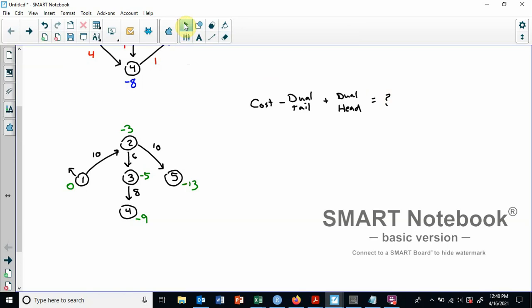And whenever we do this, these are for arcs that are not in the basis. This will give us the reduced cost. Reduced cost. And that will tell us which arc is the most attractive, the most negative.